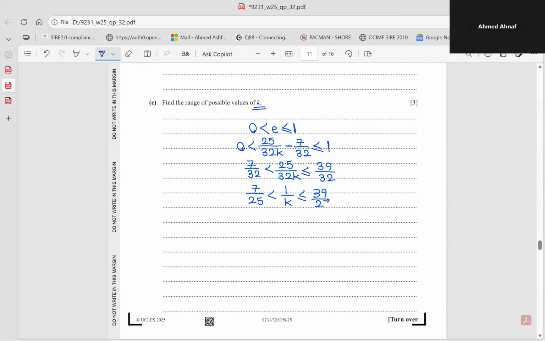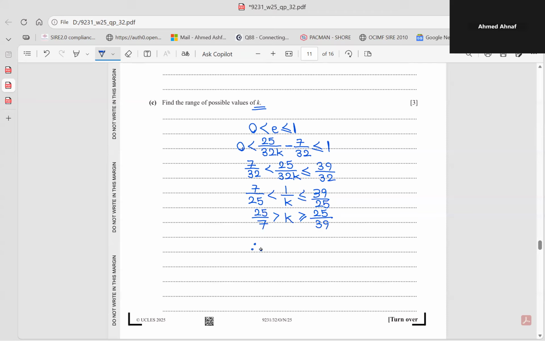And now since we have a reciprocal, to get k we just flip everything and flip the inequality signs. So you'll get k is between 25 over 39 and 25 over 32 minus 7, 25 over 27.